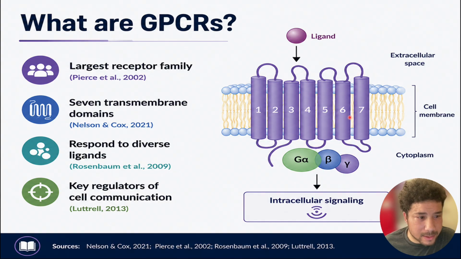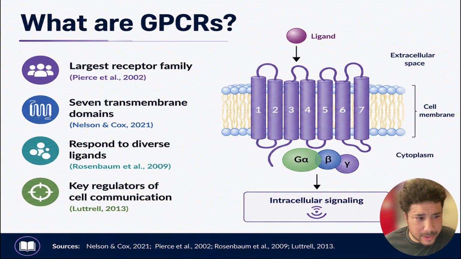The receptor does not usually transport the ligand into the cell. Instead, ligand binding changes the receptor's conformation, which means the shape of the protein changes rather than the ligand going inside the cell. That structural change is transmitted across the membrane and alters the intracellular surface of the receptor.